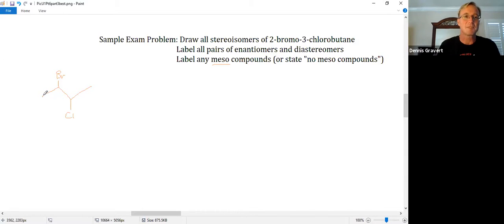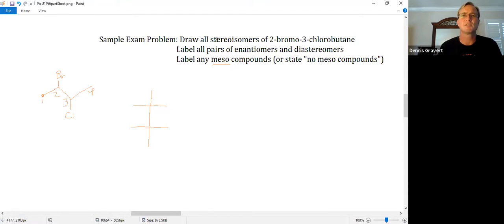So this is carbon number 1, and that's going to be at the top of my Fischer, a vertical line from carbon 1 to carbon 4. Here's carbon 2, and there's carbon 3. Maybe I jumped the gun here.